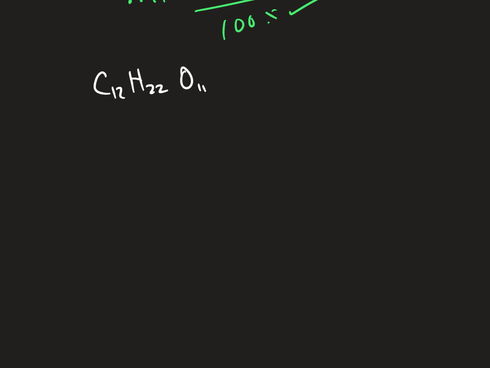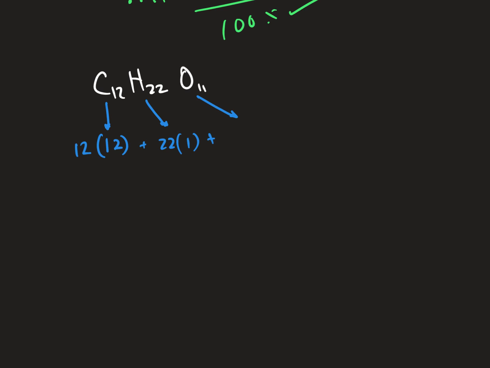So let's find, in fact, ladies and gents, the molar mass together. And if you show your work, it saves you time in the end. What's the molar mass of carbon? 12, but there's 12 of them, right? So I'm just showing my work here. What's the molar mass of hydrogen? 1, but there's 22 of them.